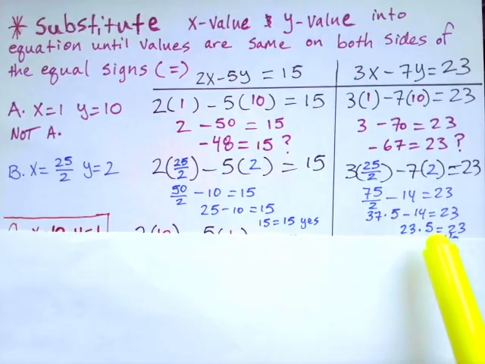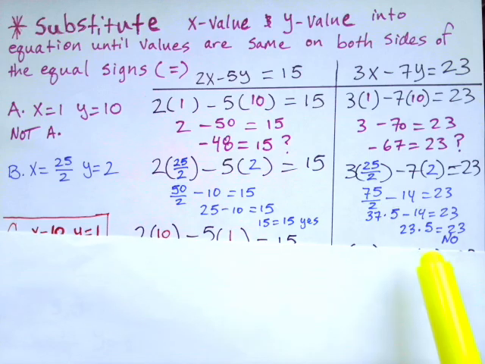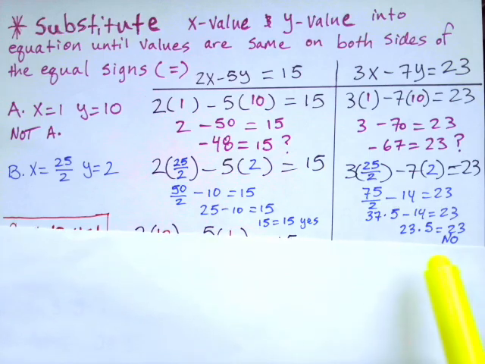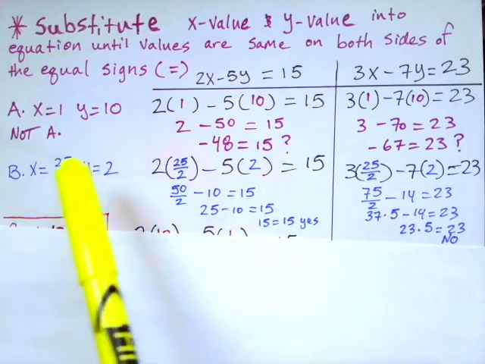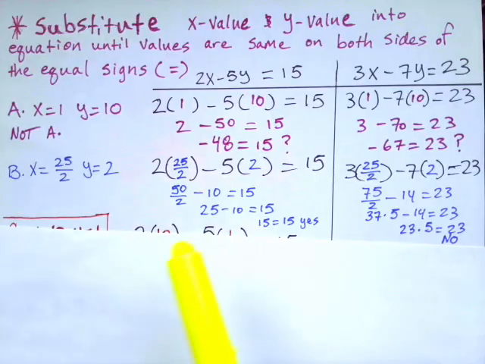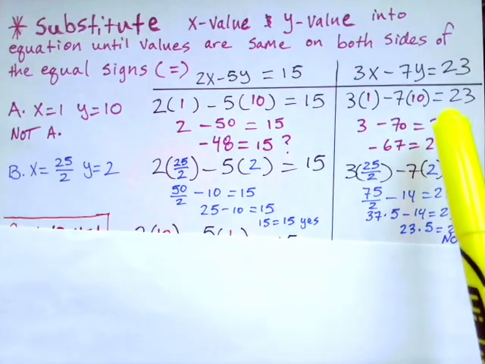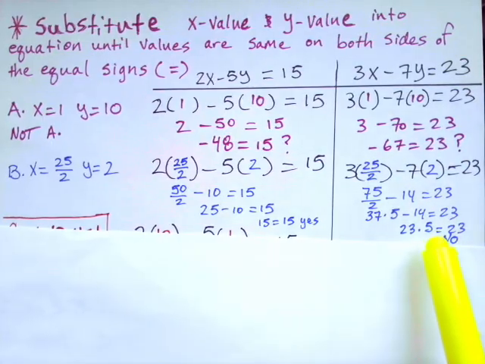Does 23.5 equal 23? No. Don't be fooled into answering B. It cannot be B. Even though it worked with one equation, the x and y values have to check with both equations. 23.5 is not the same as 23.